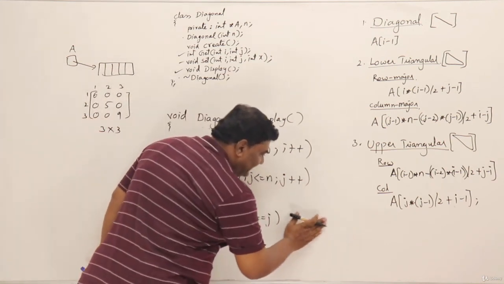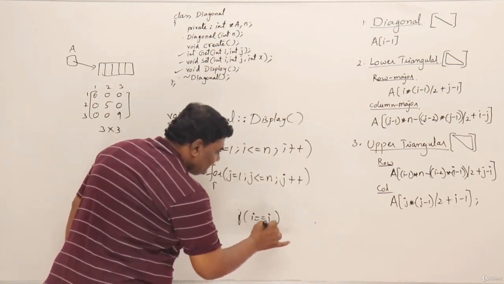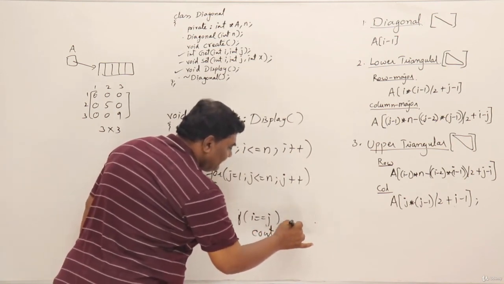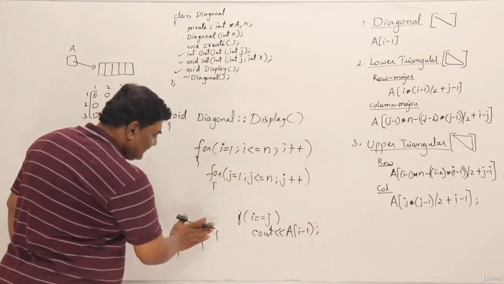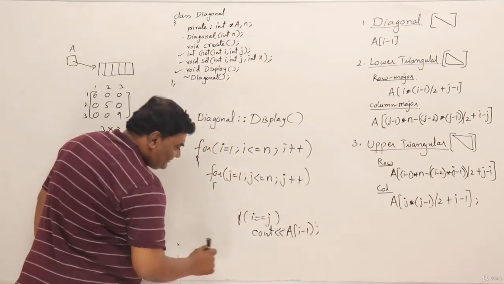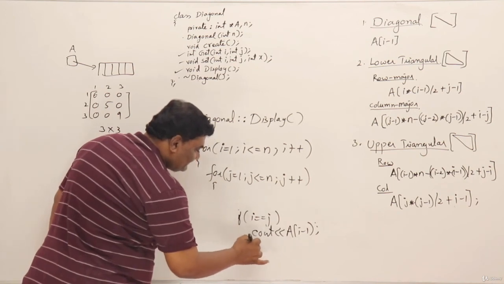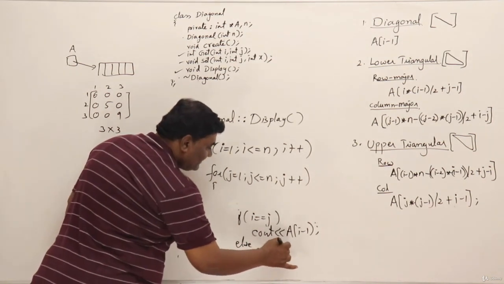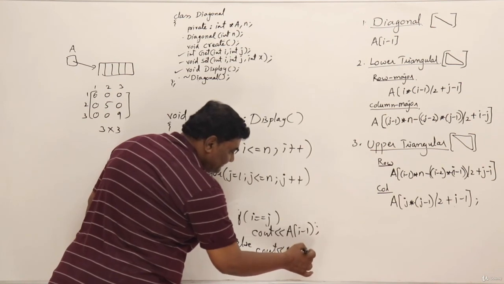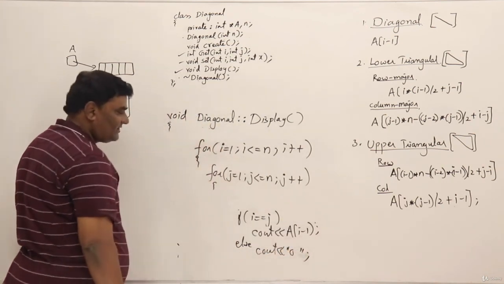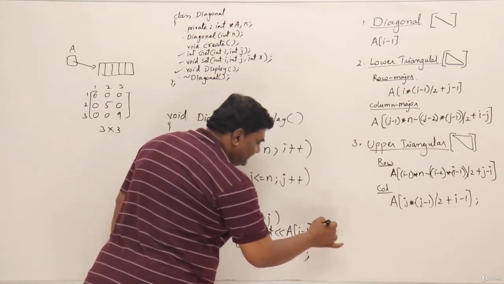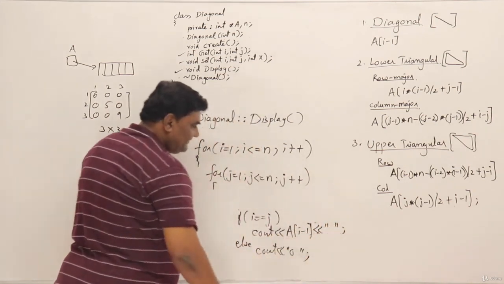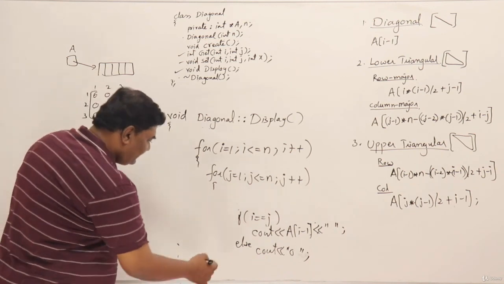So for a diagonal matrix, say cout a of i minus 1, when? If i is equal to j. Otherwise, if i is not equal to j, then else cout 0. Give some space also. Here also I should give some space, so that space is given in between every element. That's it.